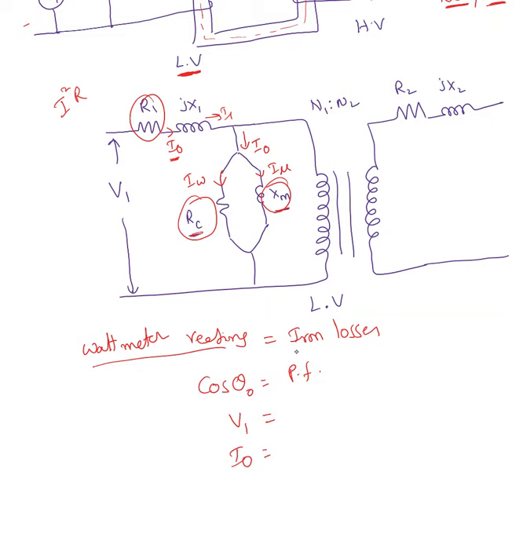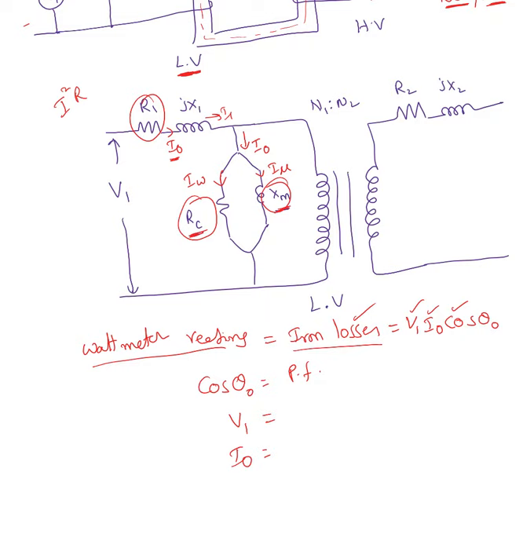This wattmeter reading is nothing but the iron losses, which is V1 I naught times cos theta naught. We're going to do this experiment in our lab, where you can measure all four quantities. But our goal is to find this RC and XM.